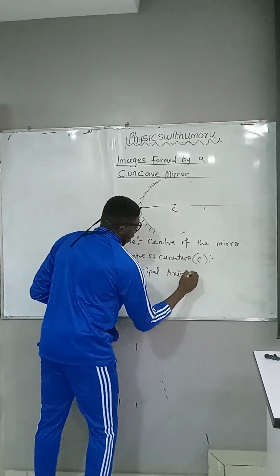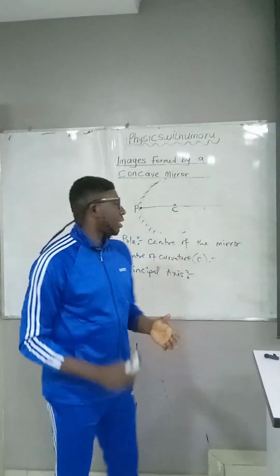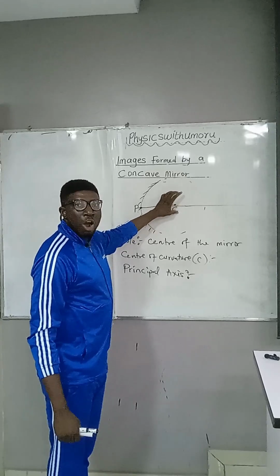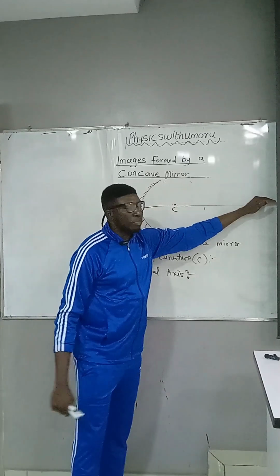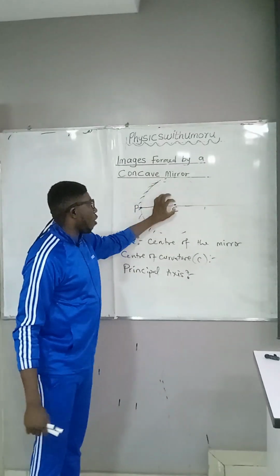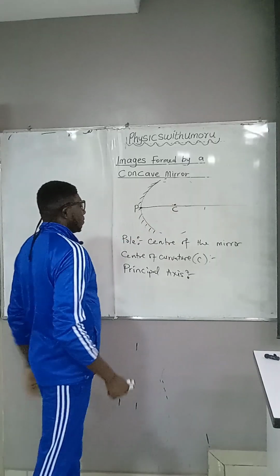So the principal axis is an imaginary line that joins the pole and the center of curvature. The center here is called the pole. The center of the curved part of the mirror is called the center of curvature.